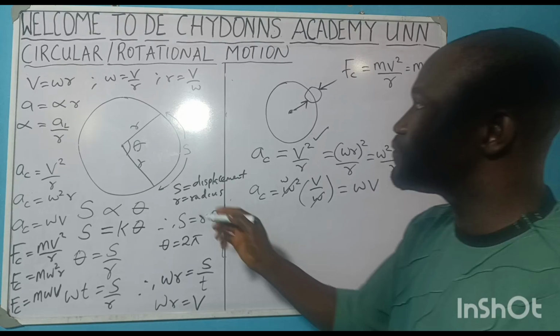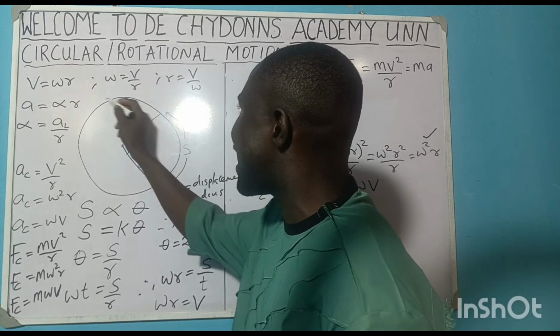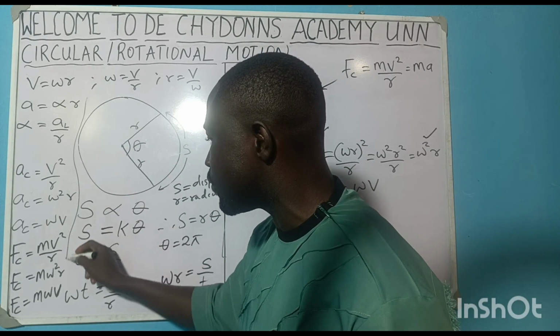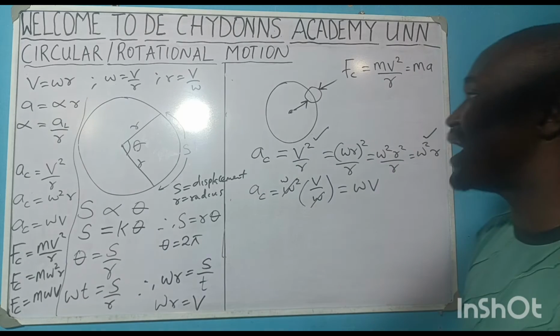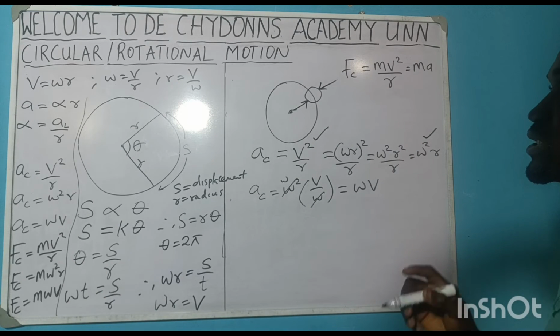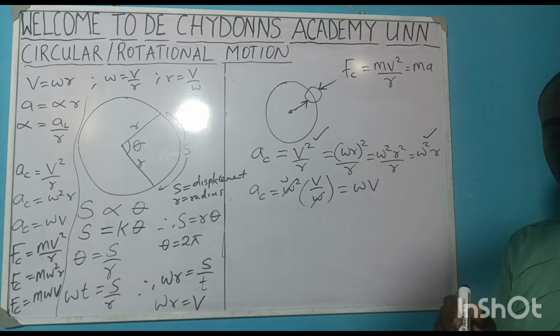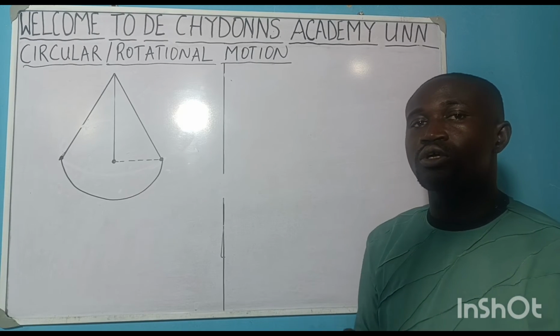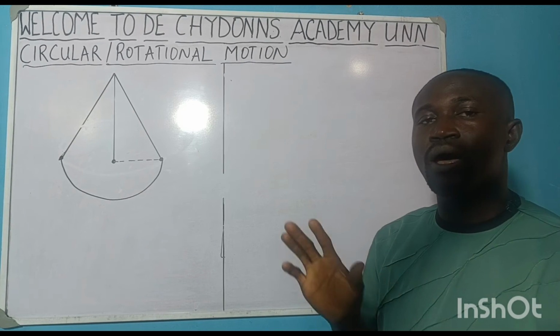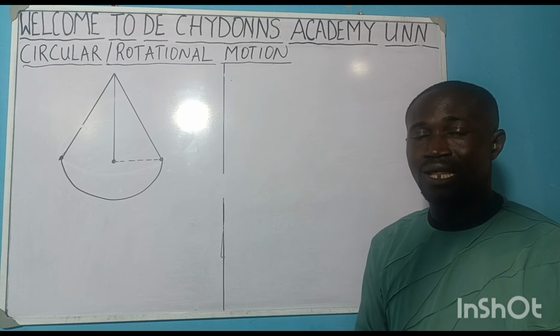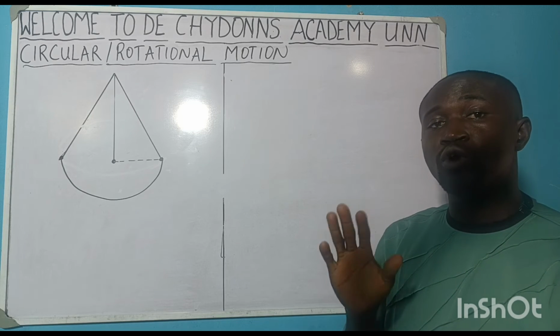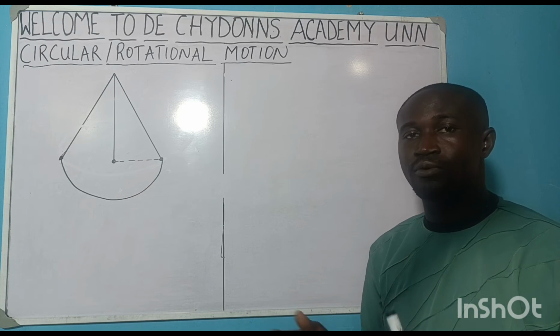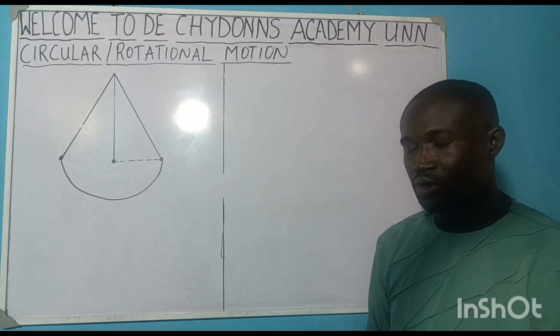So these formulas we have just derived are very, very important for you to know if you are answering questions on circular or rotational motion. Okay, we want to discuss horizontal circular motion of a body. That is, when a body undergoes horizontal circular motion, what happens in that condition?